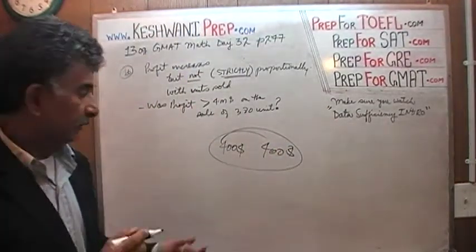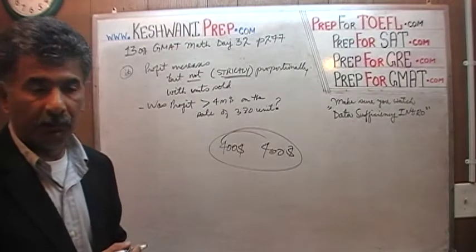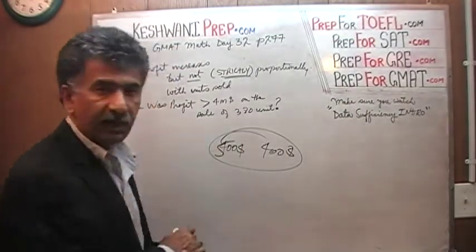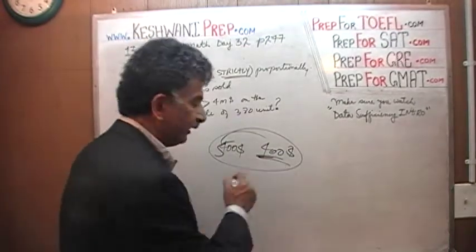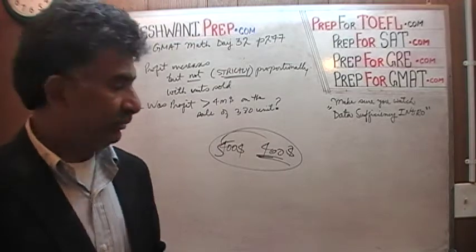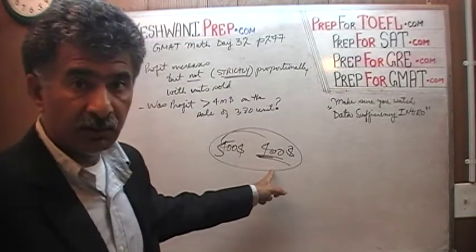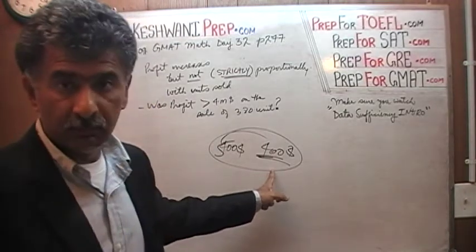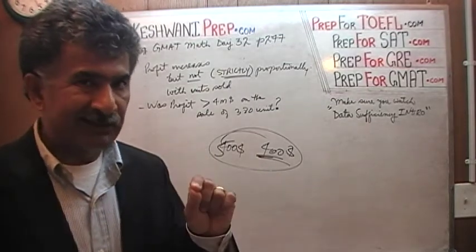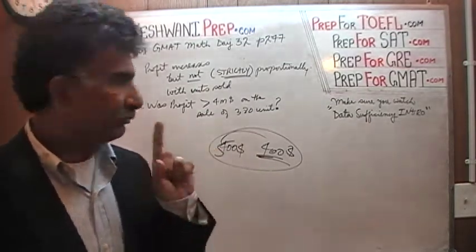In other words, they broke even. Or they will never have a situation where it cost them $500 to make the appliance but they're selling it for $400 because they can't get rid of it and just want to unload it at a loss. In which case, every time they sell an additional unit, their total profit goes down because they lose $100. That's not the case here. The more units they sell, the more profit they will make.